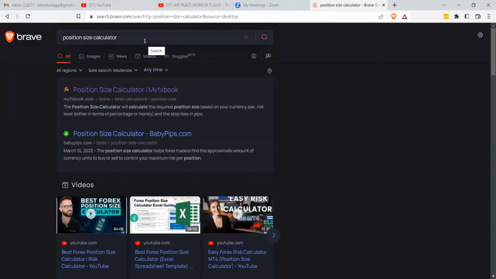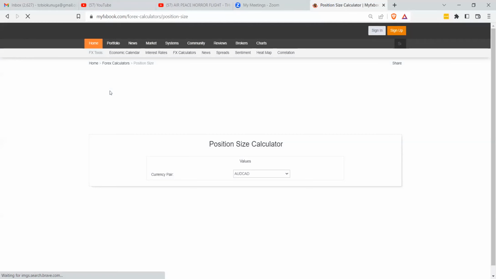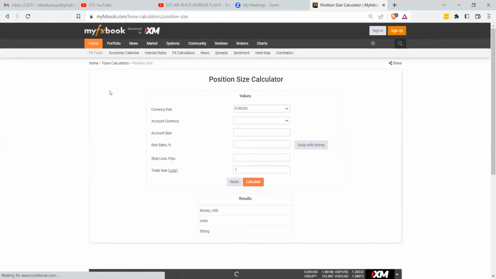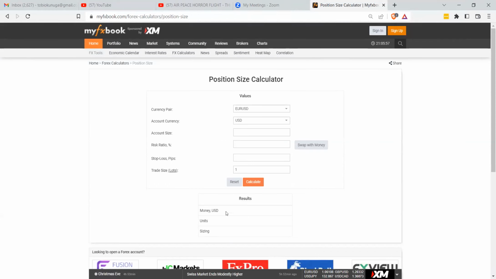You can see the first one is a website from MyFXBook. So let's click on it to go there. Good. So this is what we use to calculate the lot size to use per trade based on your capital.